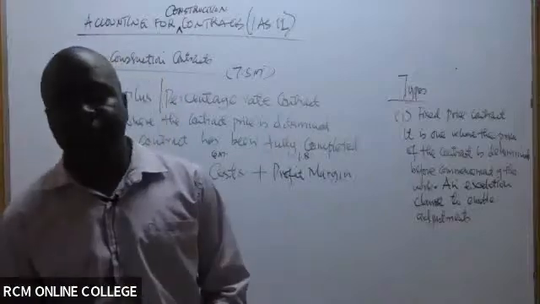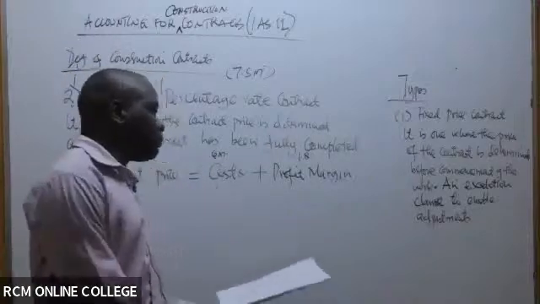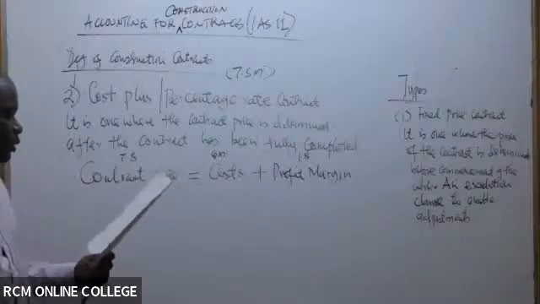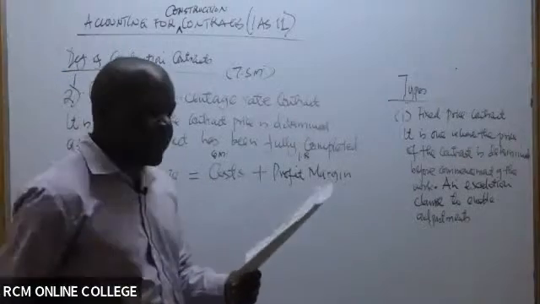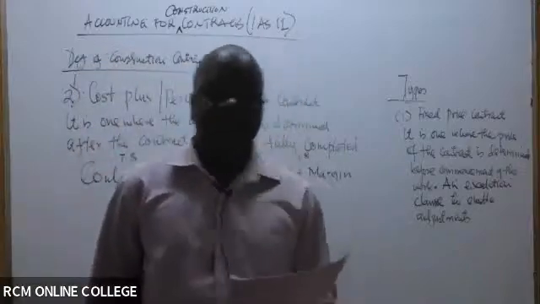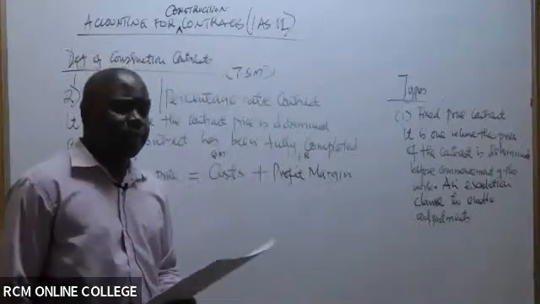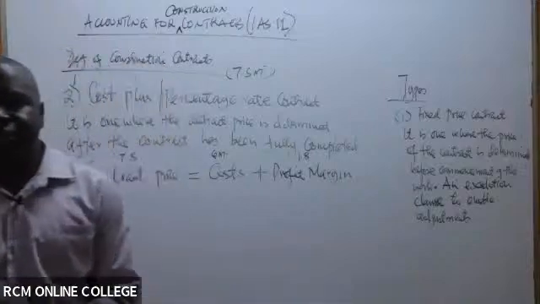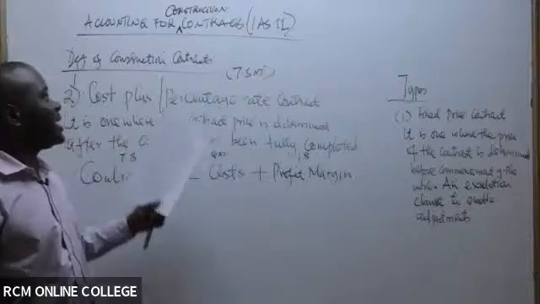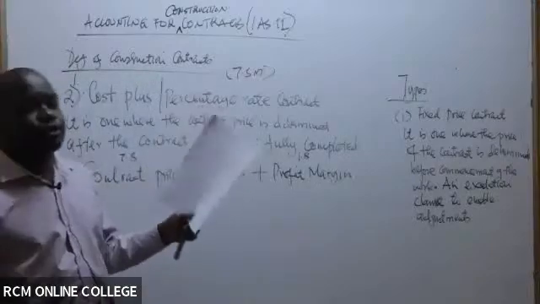With the completed contract method, you determine the contract cost and determine the contract price. The difference will give you a profit margin. Remember, we've said in accounting for long-term contracts, there are two major objectives.